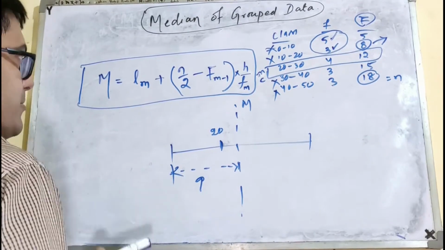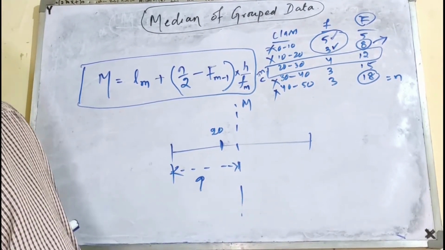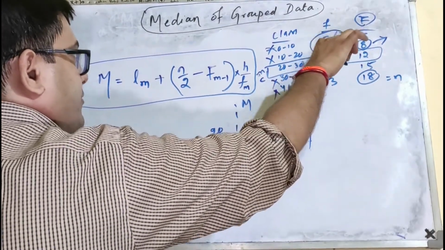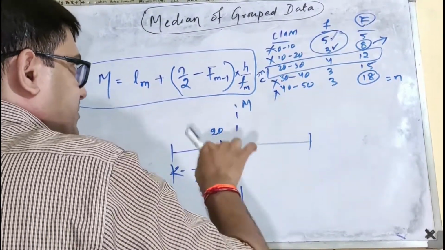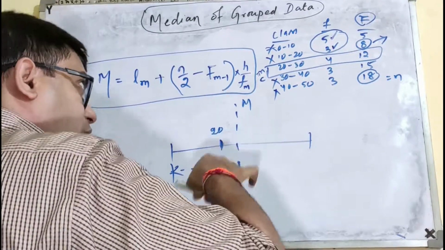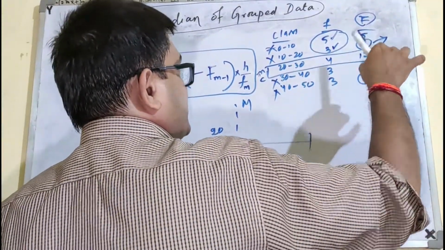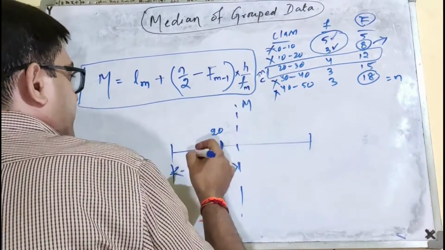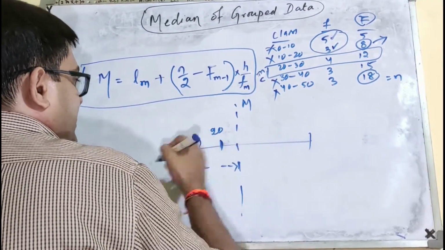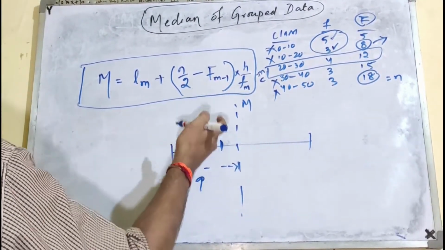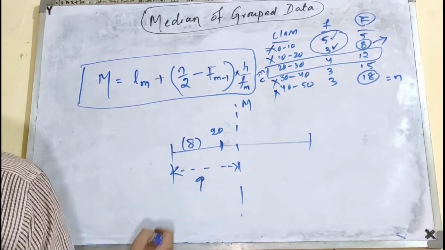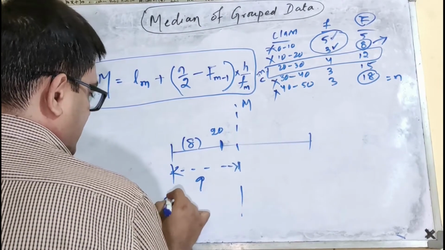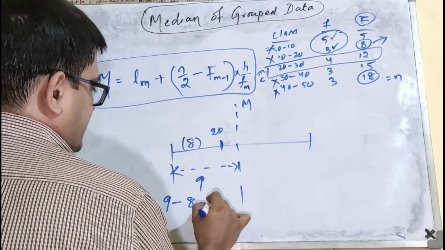So the number of data points preceding the mark of 20 would be the sum of all the classes which precede this median class, which is 5 plus 3 is 8. Or you can take the cumulative frequency of the class preceding the median class, which is 8. So there are 8 data points which precede the mark of 20. Out of the entire 9, you subtract 8, that gives you just 1.